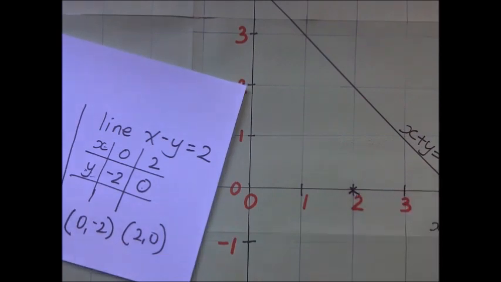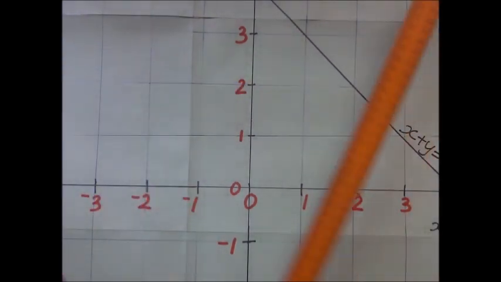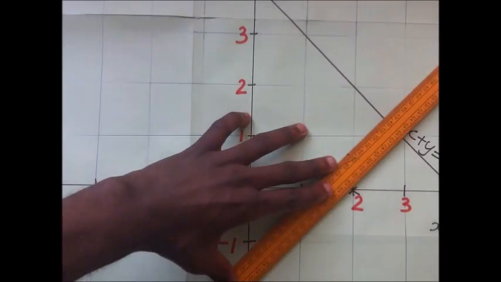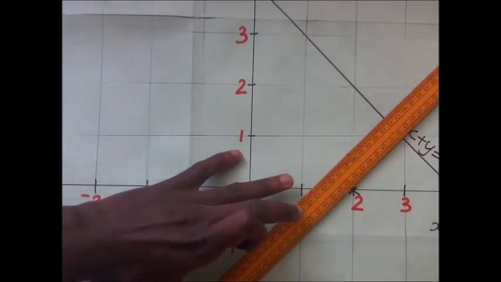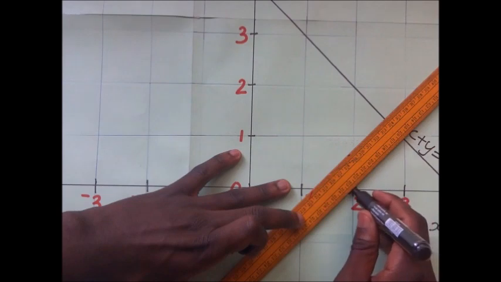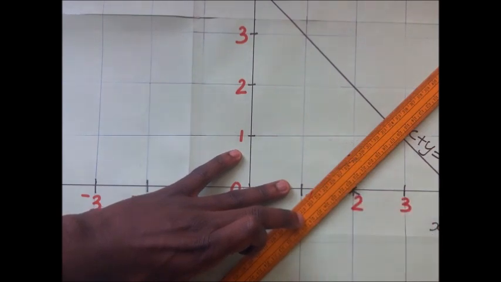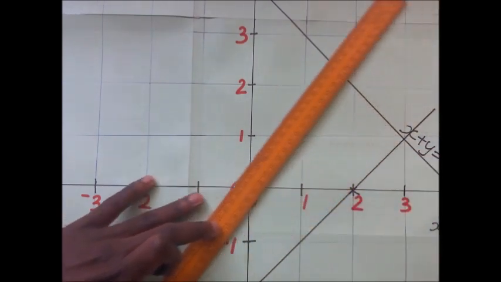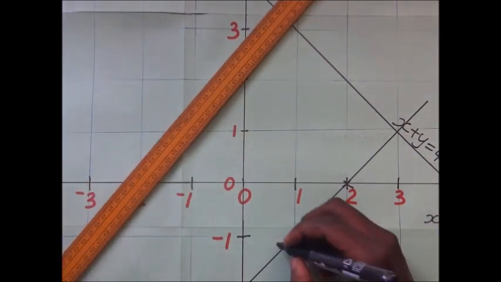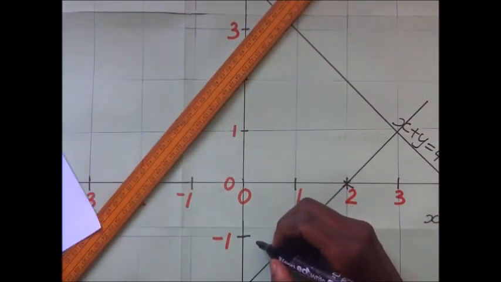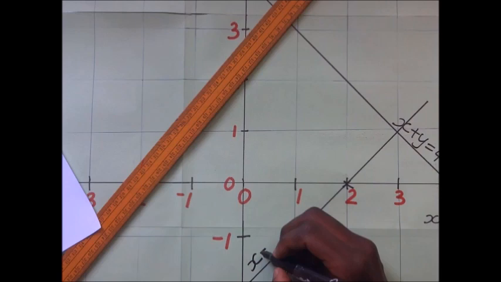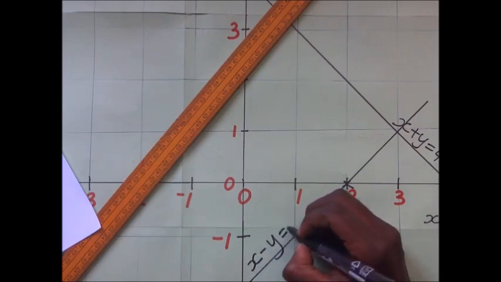And of course, when we draw this, this is our line x minus y is equal to 2.